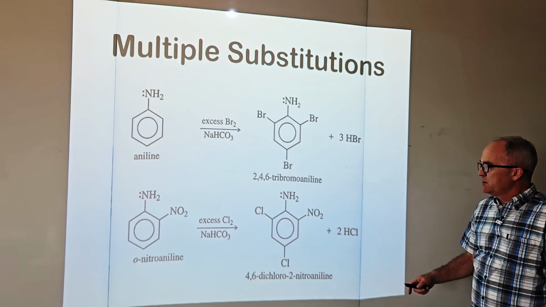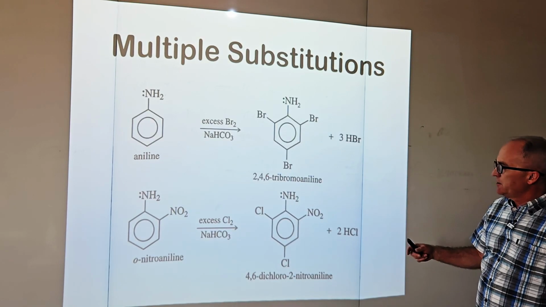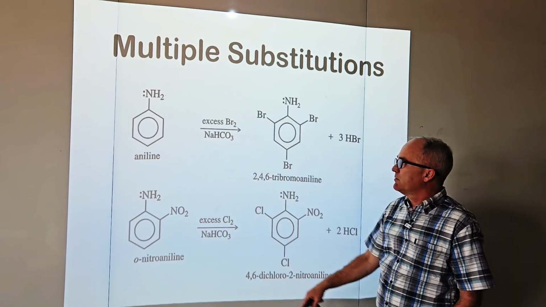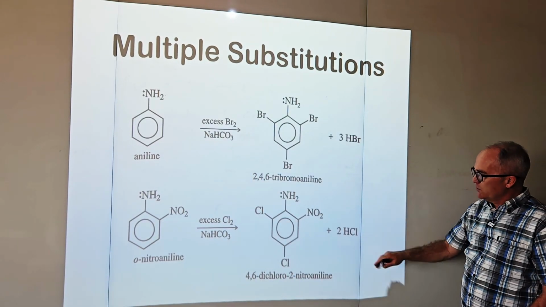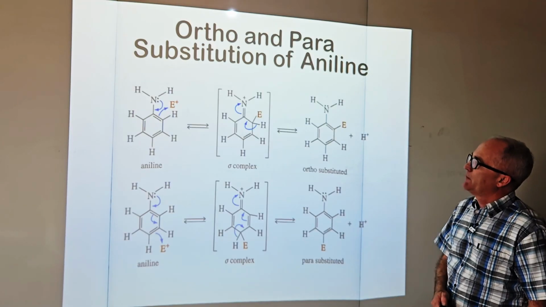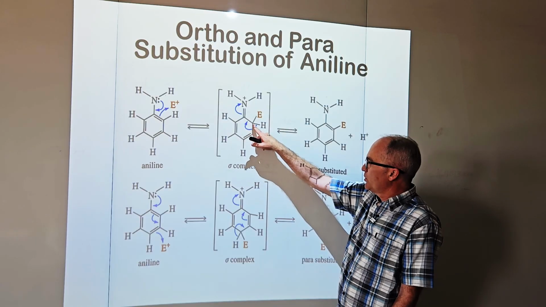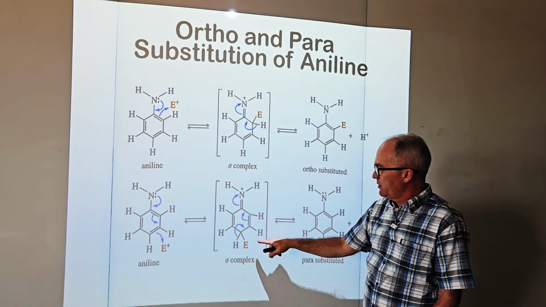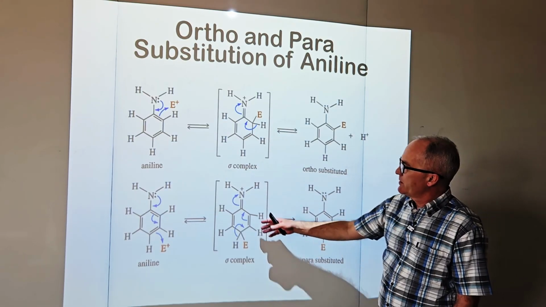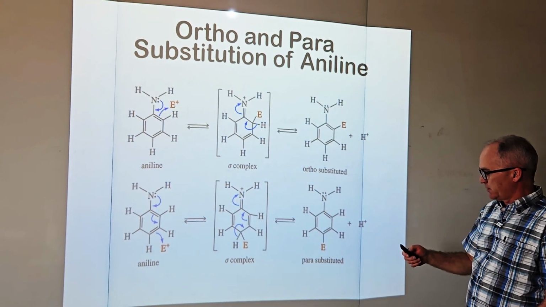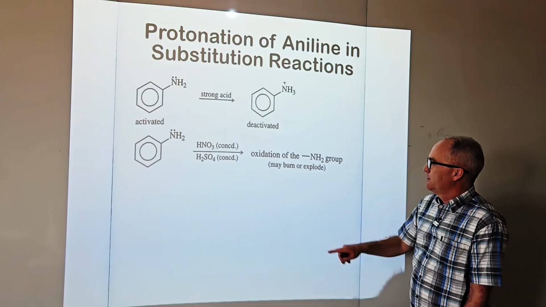So these both occur readily, and we saw this in the benzene chapter, this baking soda to neutralize the acid form. So here's aniline. We're going to put something in the ortho position and here in the para. And of course you can write multiple resonance structures for the sigma complex. This looks exciting.